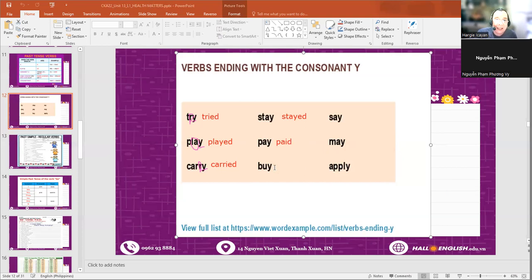Because we don't have words such as payed. Okay. Next, what about this one? Buy. So what's the past tense of buy? Buyed? No. Okay, so we change the spelling. So therefore, this one is an irregular verb. We have to change the spelling.